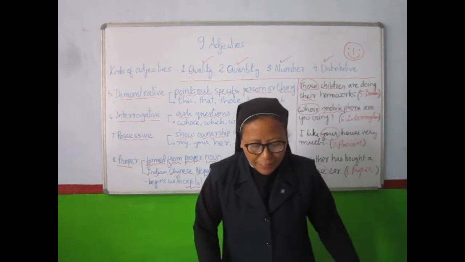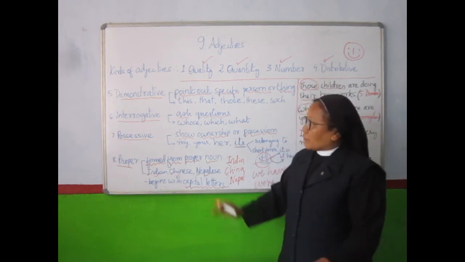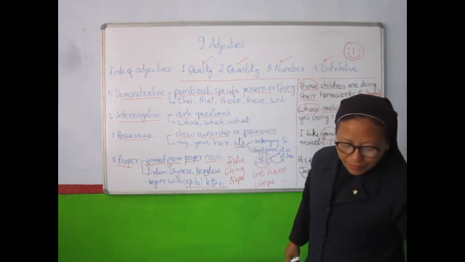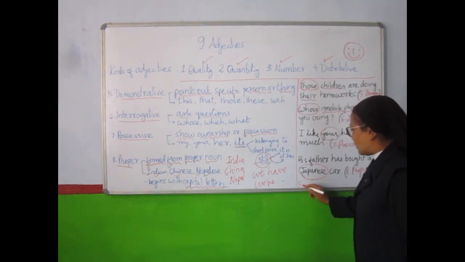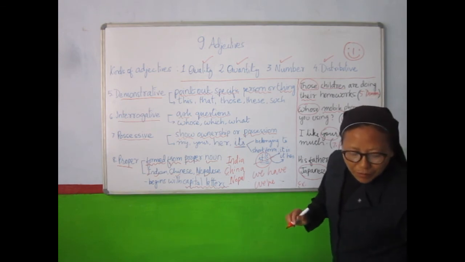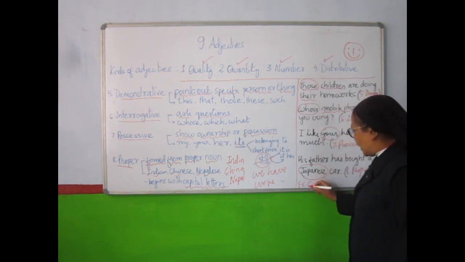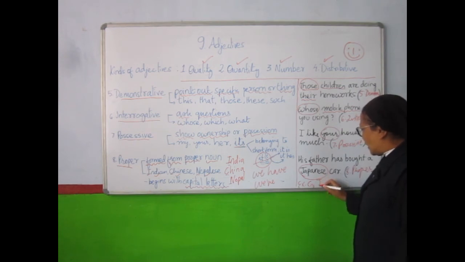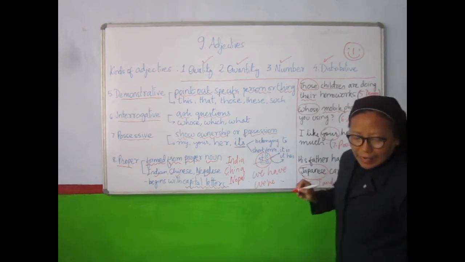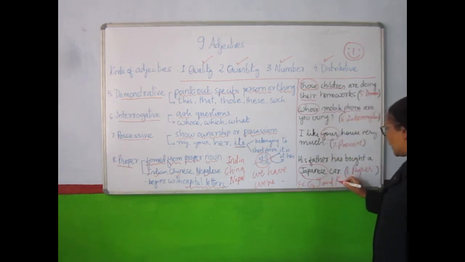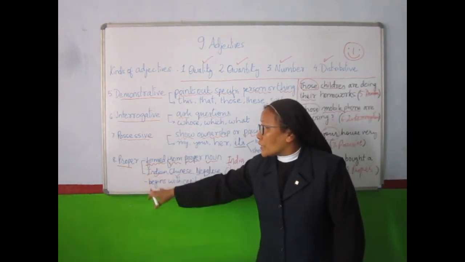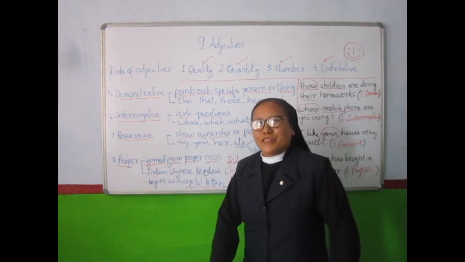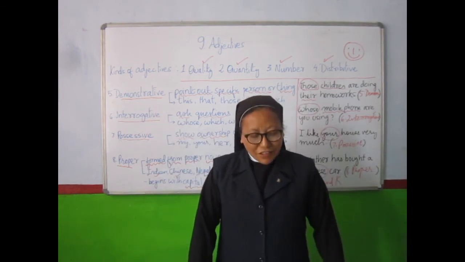The exercises are G, J and K. These exercises cover all of the kinds of adjectives that we have covered today in this lesson. Alright, that's all for today.